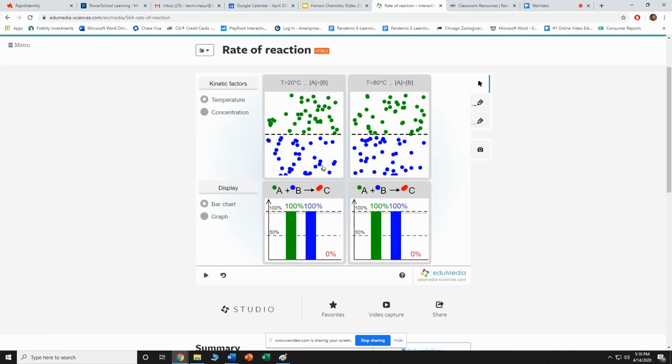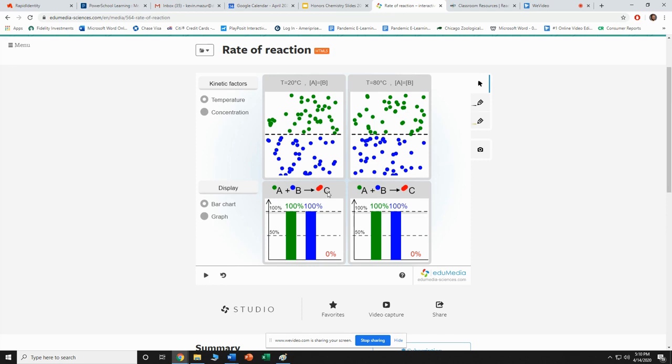And you have 2 different types of particles. You got A particles, which are green, and you got B particles, which are blue in color. And right now they're separated, but when I click play down here, they're going to mix.